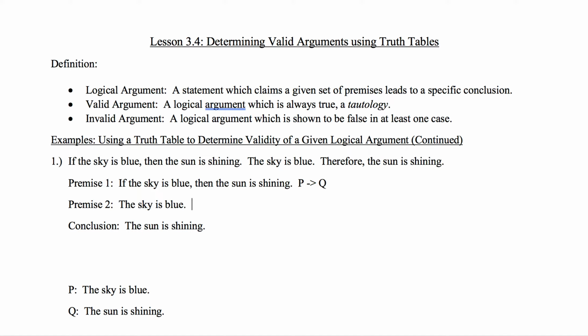For premise 2, we have the sky is blue. That's just the P, so I'm just going to put a P there. And then my conclusion is the sun is shining. That's the Q, so I'm just going to label that Q.